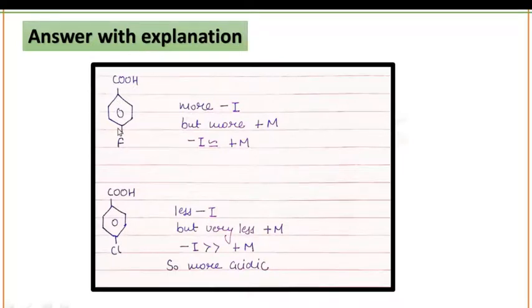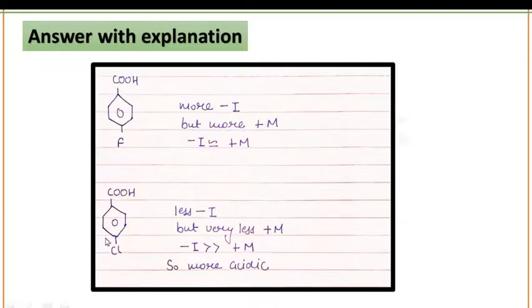Parafluorobenzoic acid looks like this, and in parafluorobenzoic acid, due to the fluorine group, there is more minus I effect but more plus M effect. But I have already told you about this compound. In this particular compound, minus I effect is nearly equal to the plus M effect.